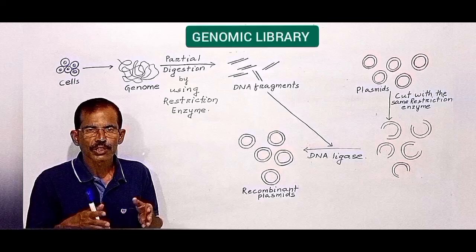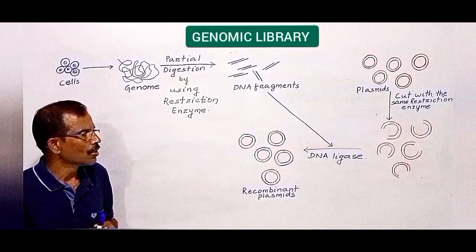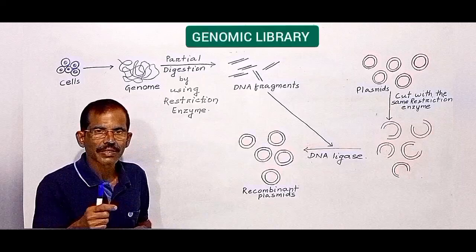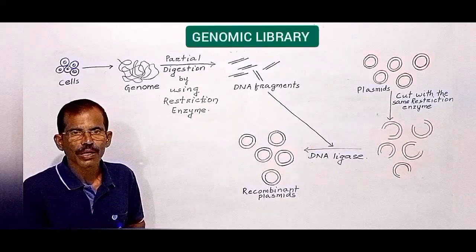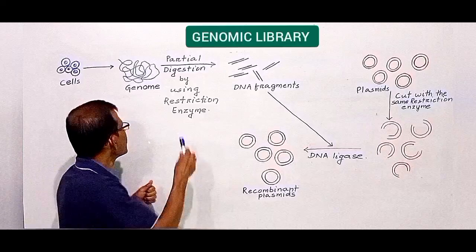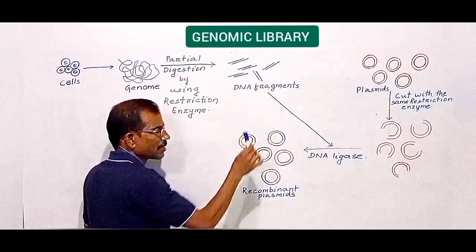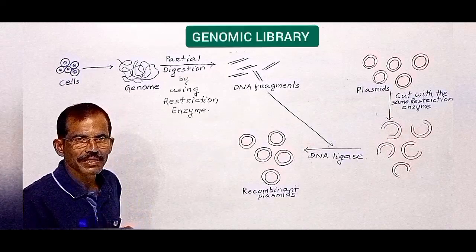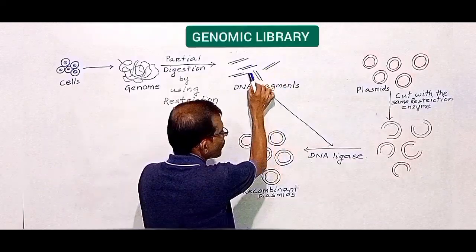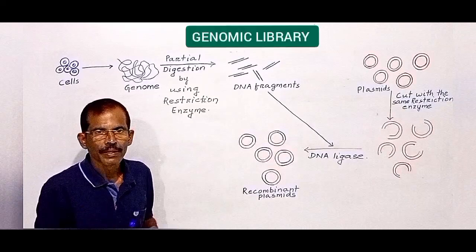We know that genome consists of very large DNA molecules which cannot be inserted directly into the cloning vector. Because of this reason, the genomic DNA is cleaved into fragments of suitable size and then the DNA fragments are inserted into a cloning vector.